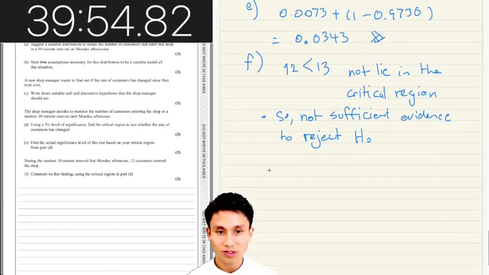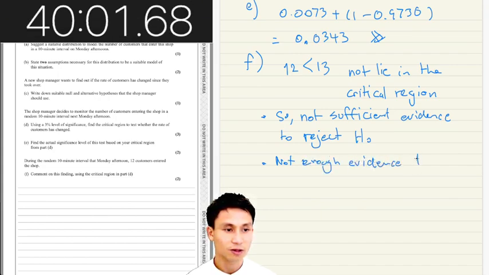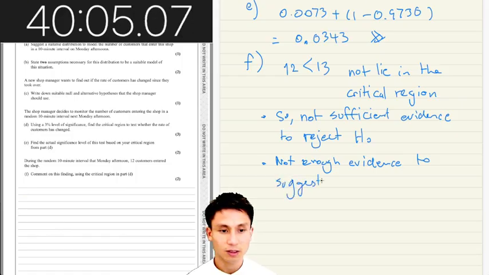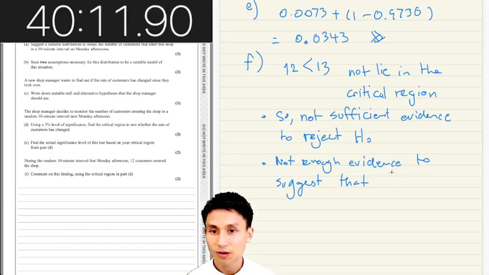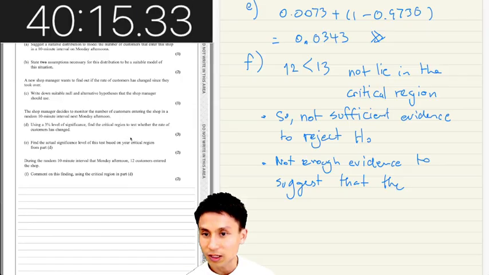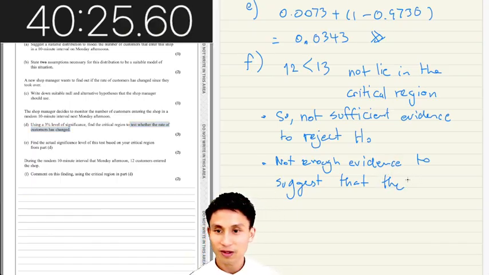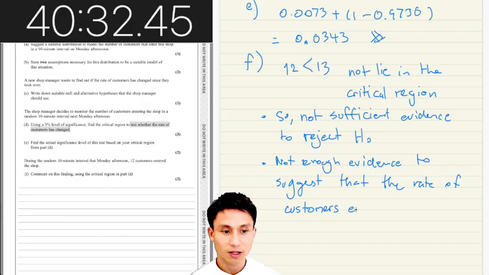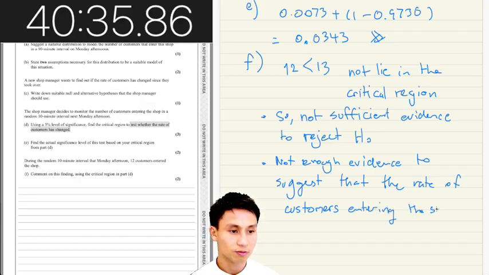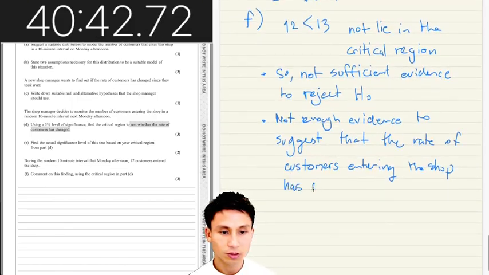So we say that there is not enough evidence to suggest that the rate, I'm just going to take the wording here because this is the only word that seems to be the alternative hypothesis there, which is that the rate of customers entering the shop has changed.